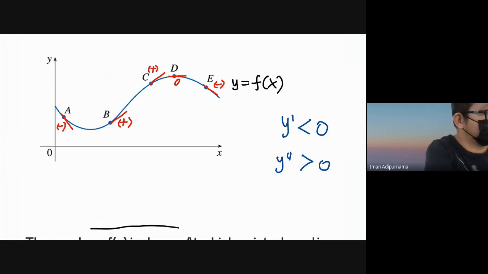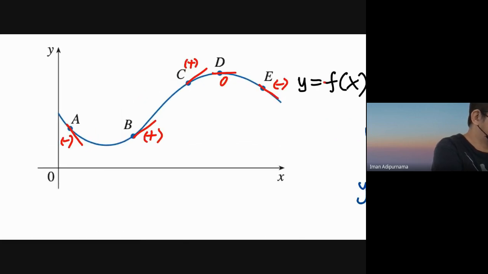Then from the curve we can also write down the concavity. From A, it's facing upwards, maybe until B.